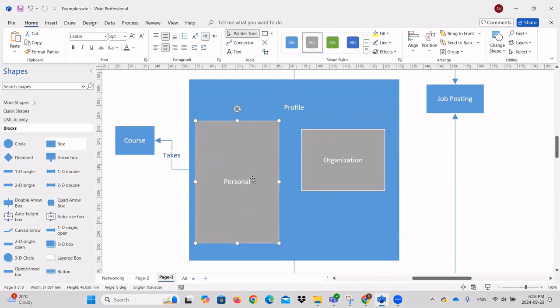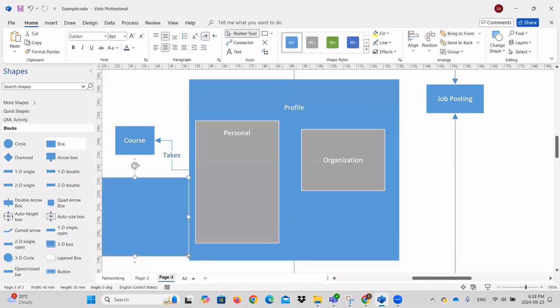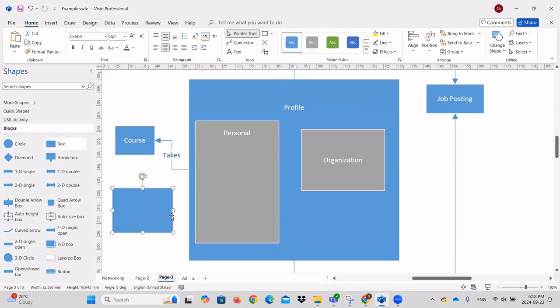Okay. Now under personal, we might need to have sub-entities. Okay, so those represent the concepts, the entities or the classes, that would naturally be under the profile concept.